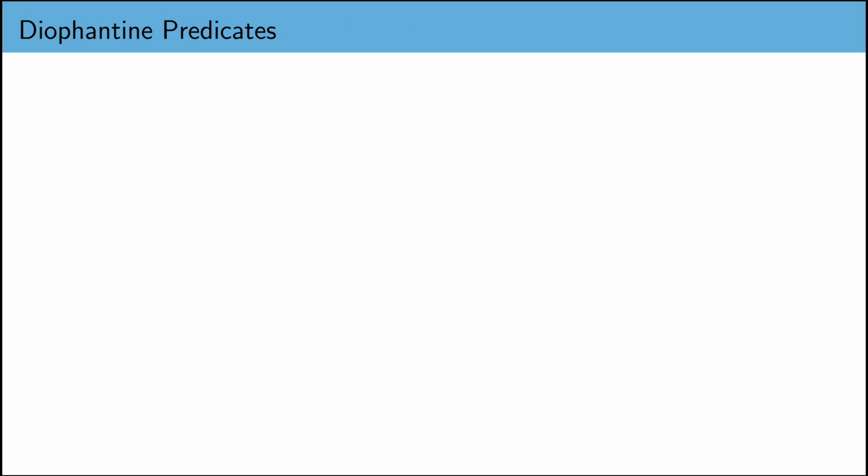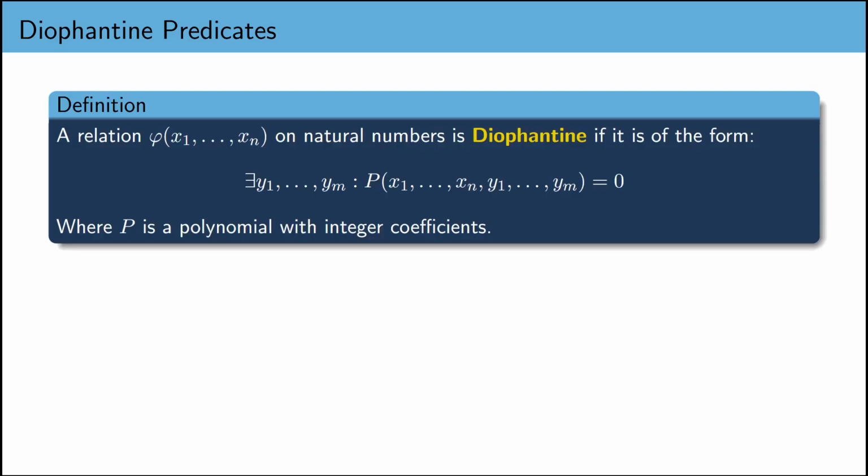It's worth taking a moment to formalize what sorts of constraints we can add into our systems without increasing the difficulty of solving them. I'll call a relation phi on variables x1 through xn Diophantine if it is of the form: there exist some y1 through ym so that the x's and y's satisfy some Diophantine equation.